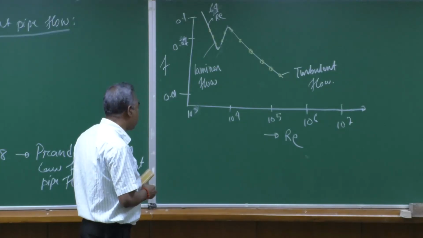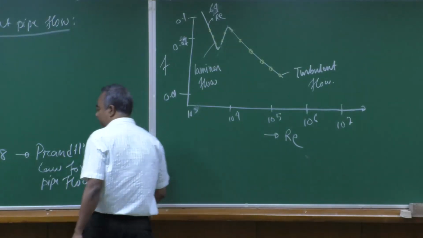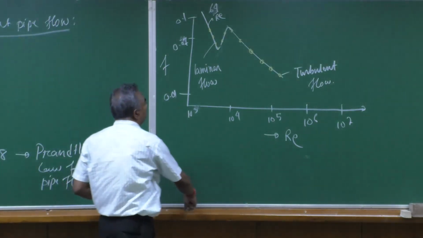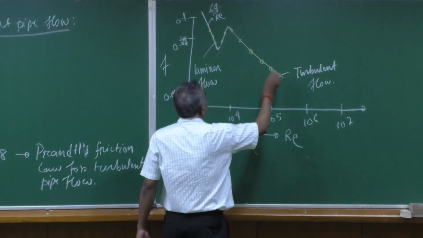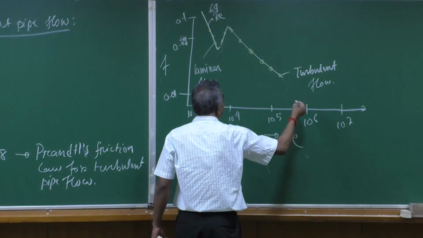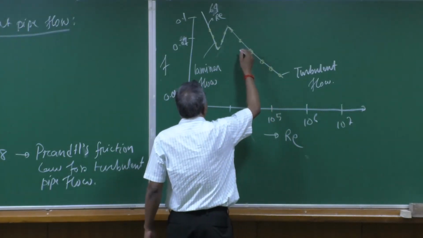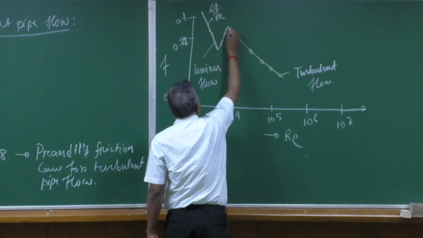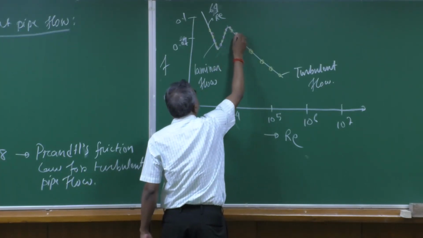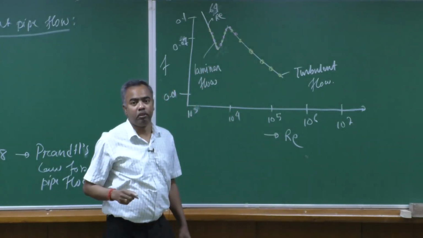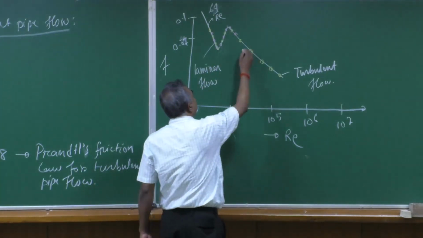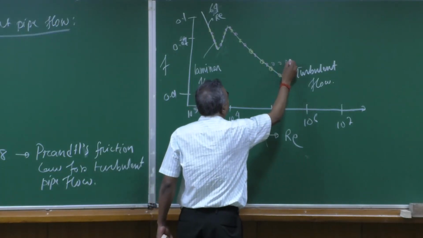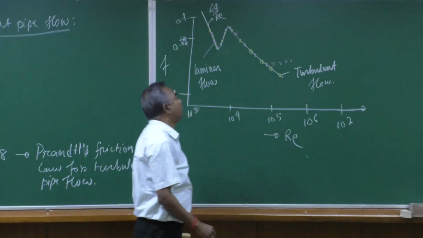Now, if you have a very rough pipe, or if you increase the roughness of the pipe, in that particular case your data will sit like this. There will not be any change in the transitional and laminar regime, whereas in the turbulent regime, with increasing roughness, the experimental data shows variation of this sort.